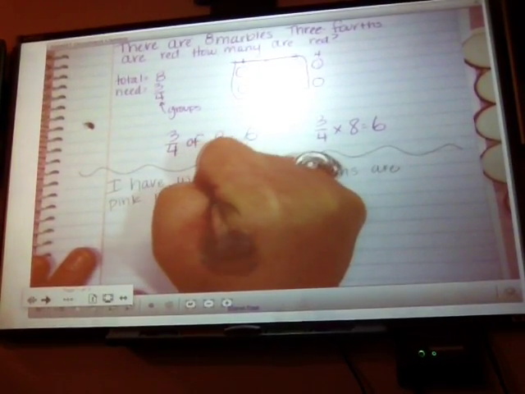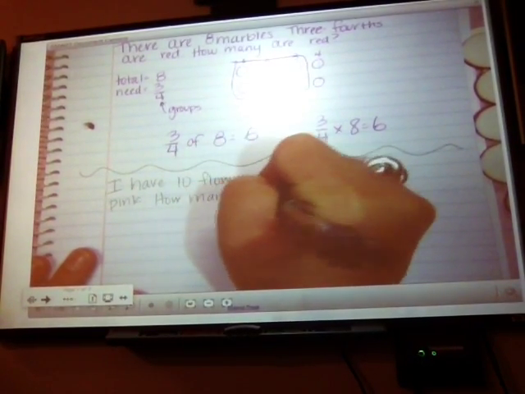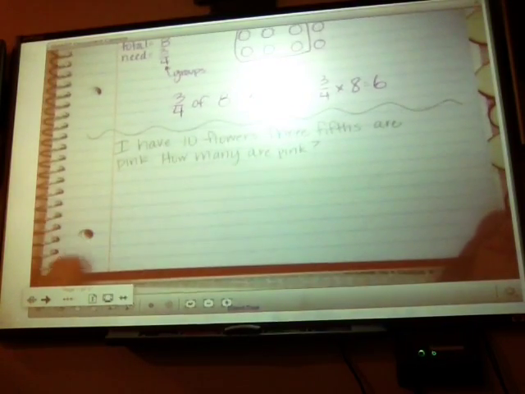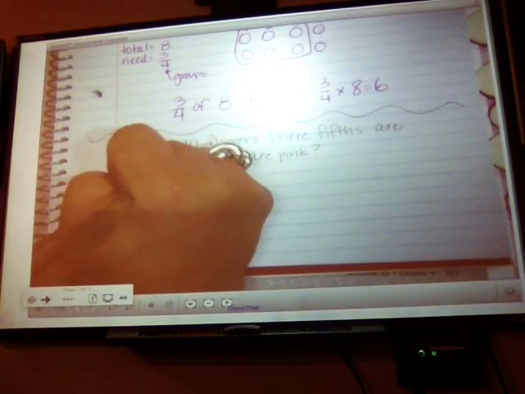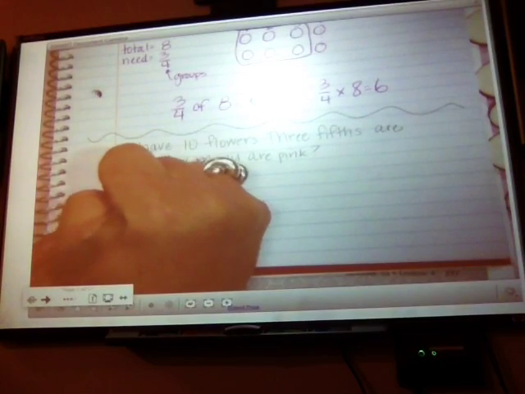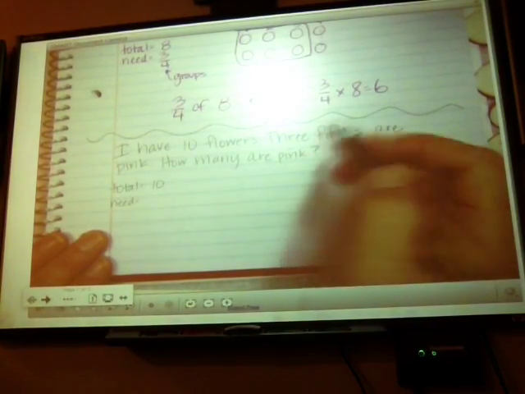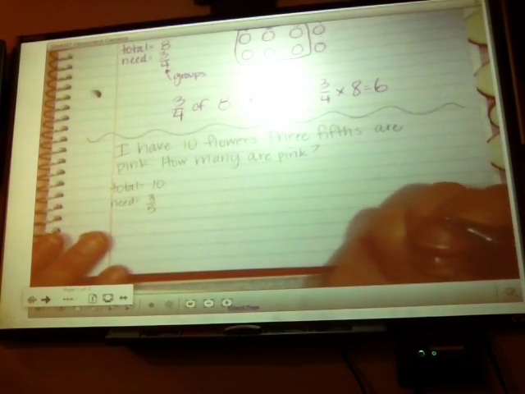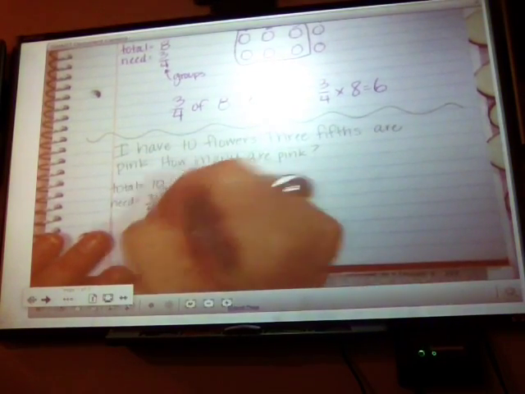How many are pink? Okay, just a second. So what is my total? 10. What do I need? 3/5. So I'm going to be arranging them into fifths.